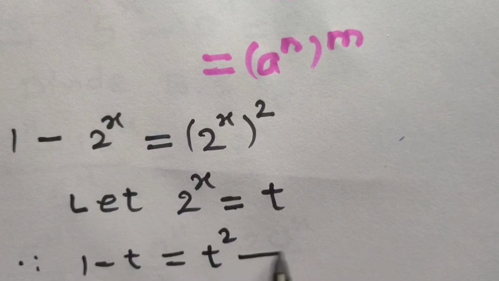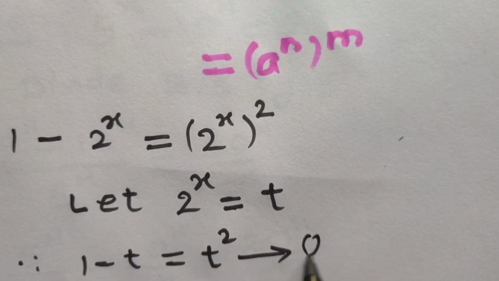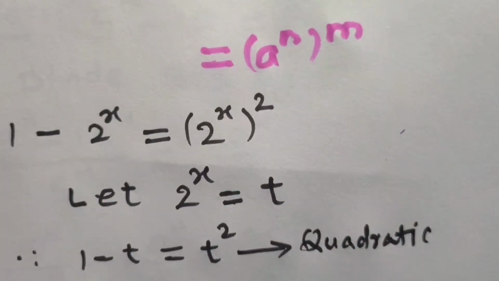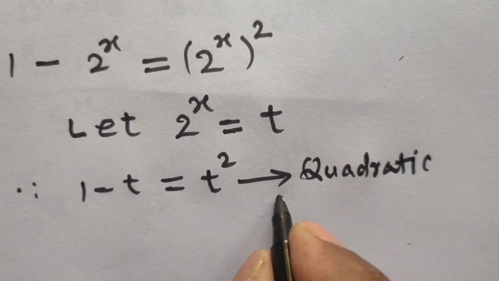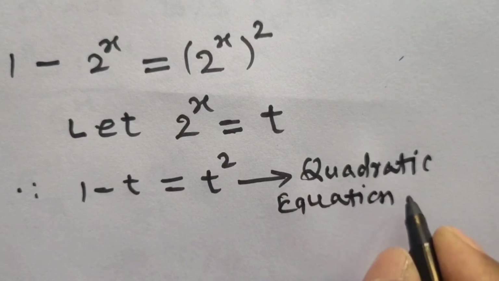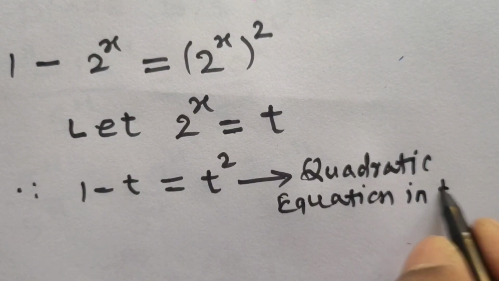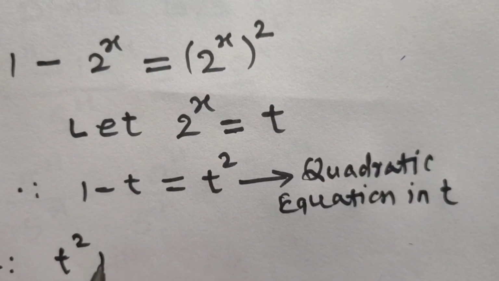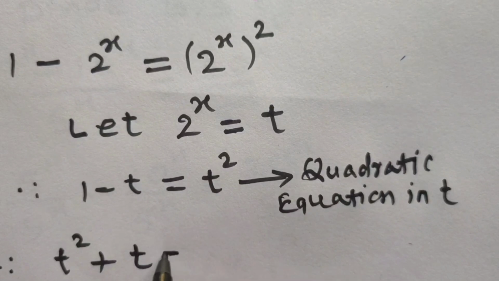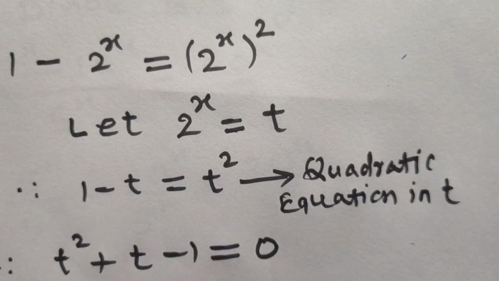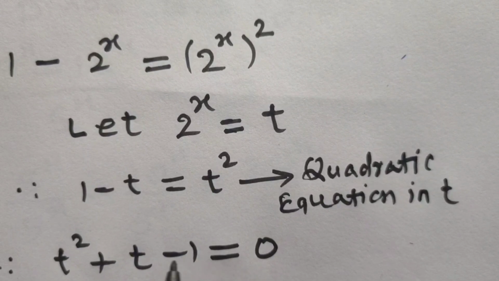And you know, this is a quadratic equation in t. Taking all terms on one side, the quadratic equation becomes t square plus t minus 1 is equal to 0. Now we have to solve this equation to get the value of t.